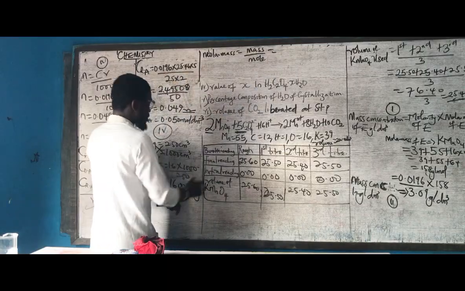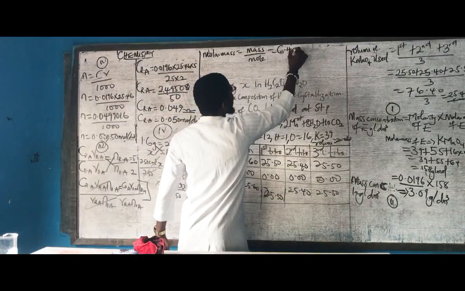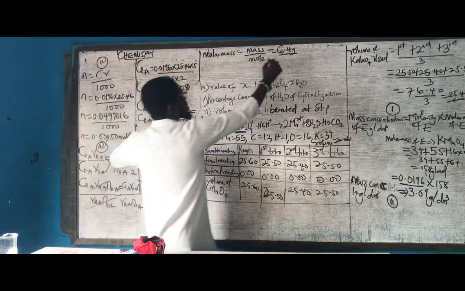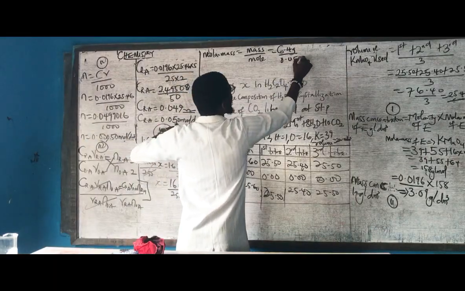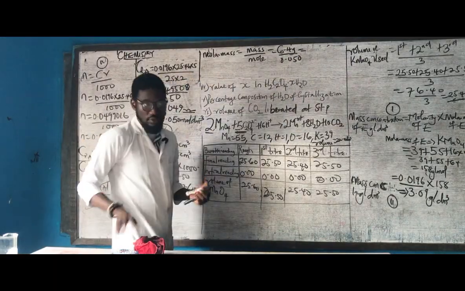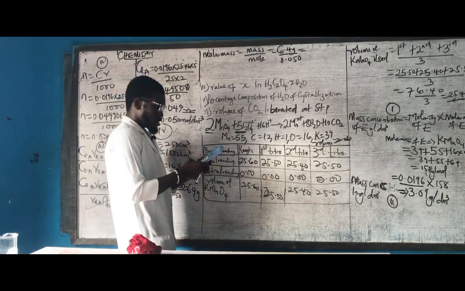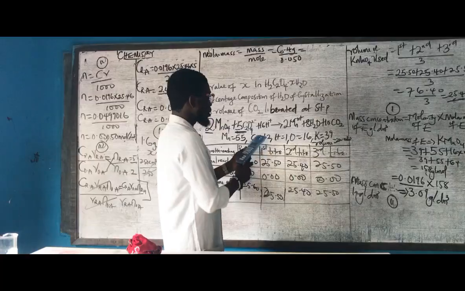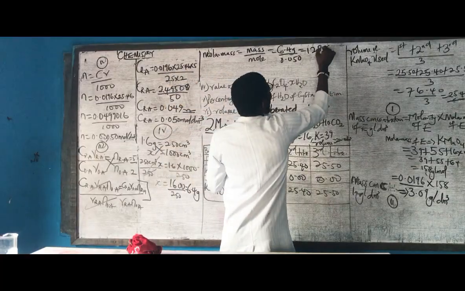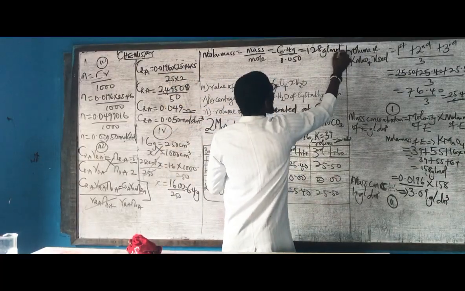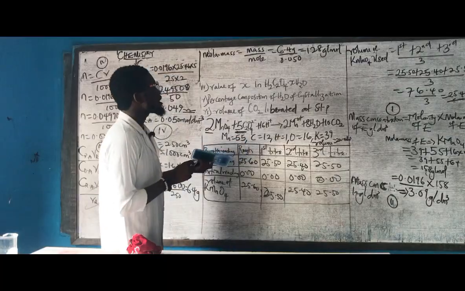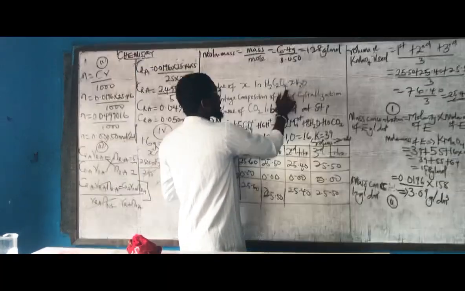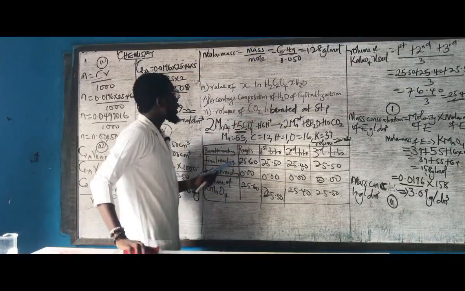The mass is 6.4, and the mole is the value you have here, 0.050. So we have 6.4 divided by 0.050, and we have 128 gram per mole. So this shows that the value for oxalic acid with water is 128 gram per mole.